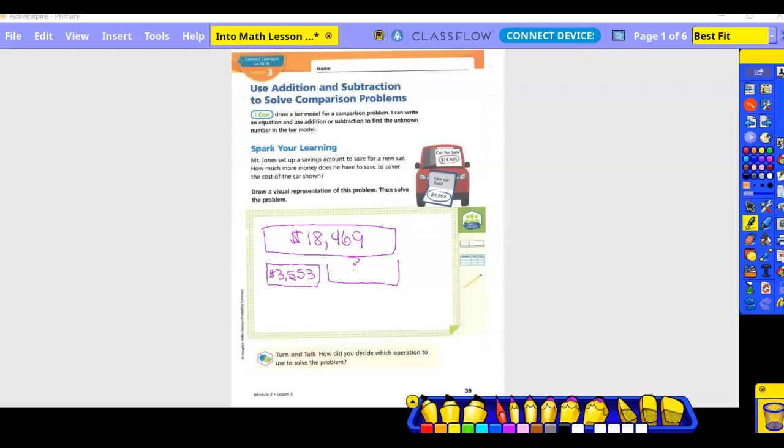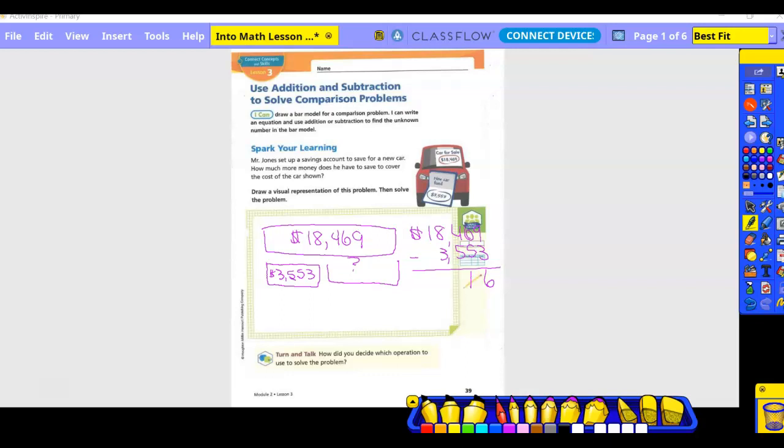Subtract. So over here to the side, I'm going to take 18,469 minus 3,553. And I'm going to keep all my place values in line. So what is 9 minus 3? 6. 6 minus 5 is 1.